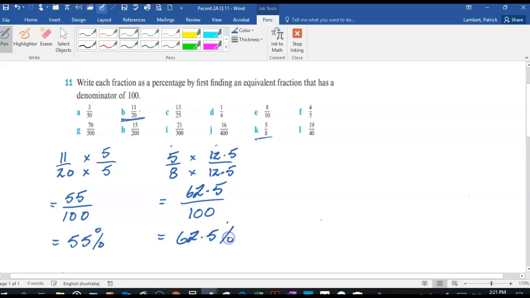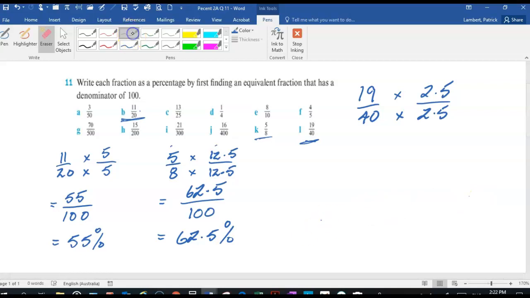62.5%. And the last one I'll have a look at is 19 on 40. To bring that to an equivalent fraction, you've got to multiply the top and the bottom by 2.5. So let's get rid of some of this extraneous bits and pieces.